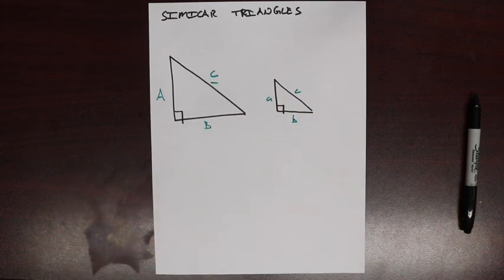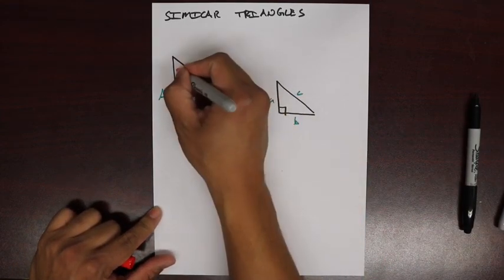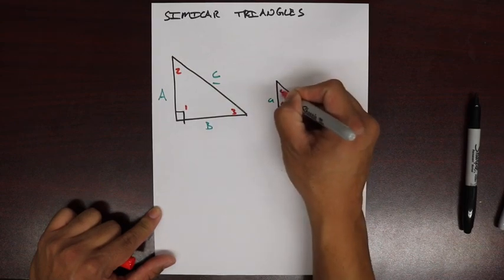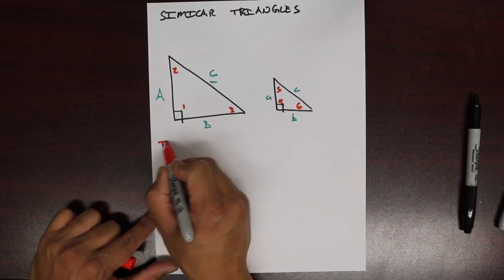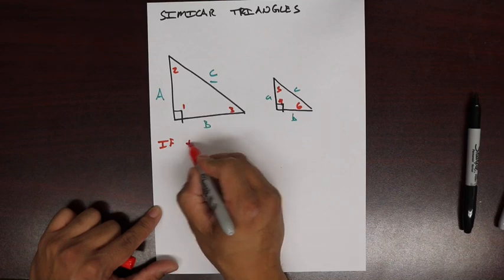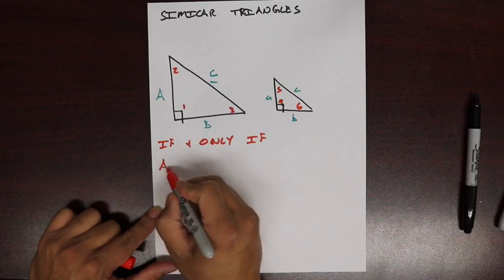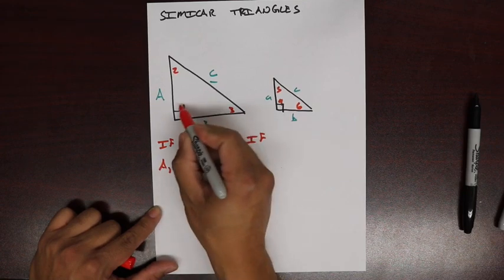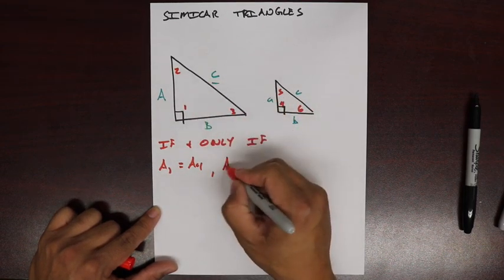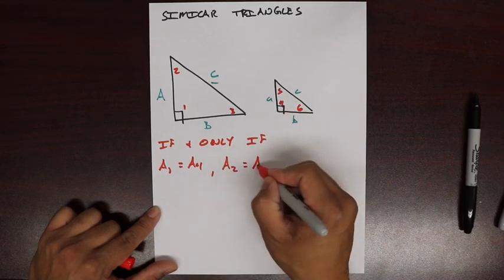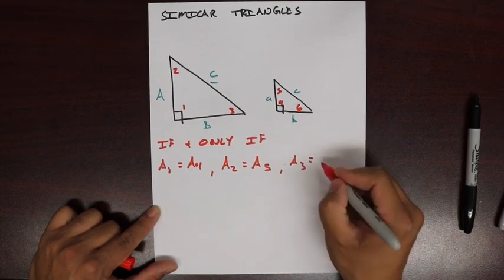These are similar triangles if angles 1, 2, 3, and let's say this is 4, 5, 6, if and only if angle 1, this one right here, is equal to angle 4, and angle 2 is equal to angle 5, and angle 3 is equal to angle 6.